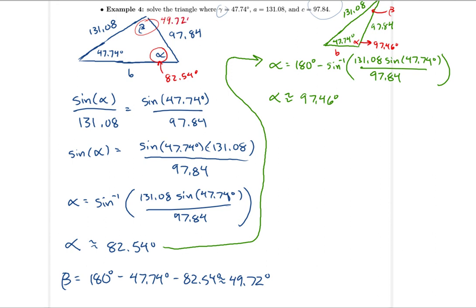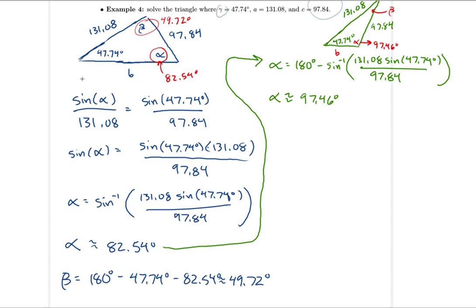This is a good lesson in, do I trust my picture or do I trust my algebra? In this case, as I take a second look at my picture, I think I'm going to trust my algebra. The reason is that this looks not really a lot like 47.74 degrees. To me, that looks a lot closer to 30 degrees.